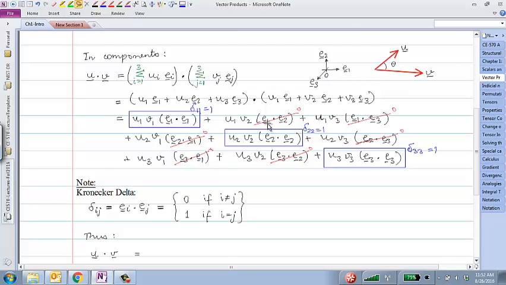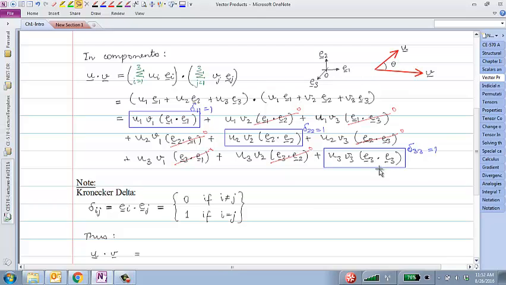All the other terms, this one is delta 1,2, 0, delta 1,3, 0, delta 2,1, delta 2,3, delta 3,1, delta 3,2, all of them are 0. So out of the 9 possible values of this Kronecker delta, 6 of them are 0. Only 3 of them are non-zero. And that allows us to write this big, long expression in a more compact way.